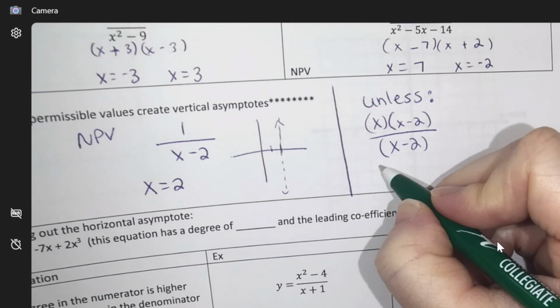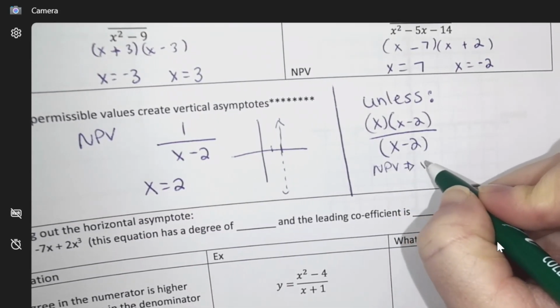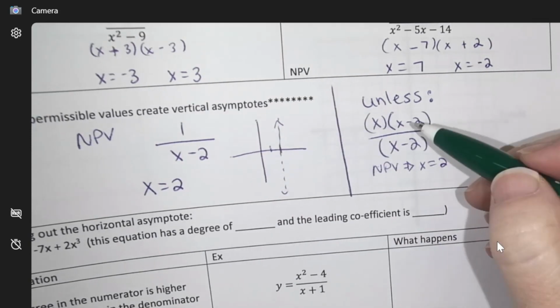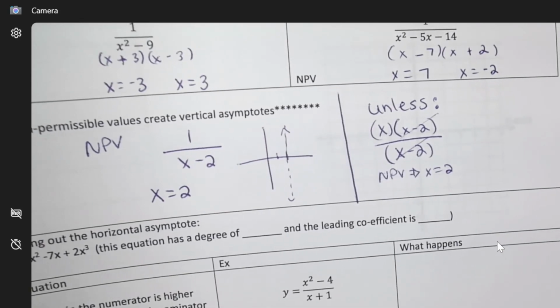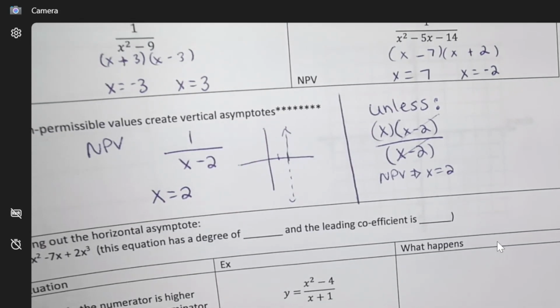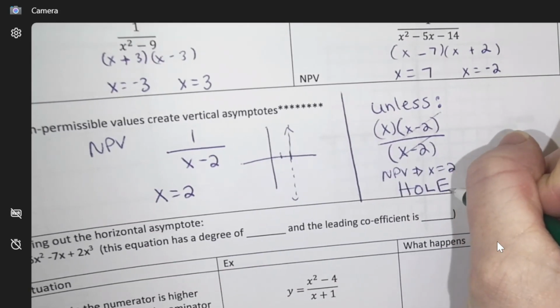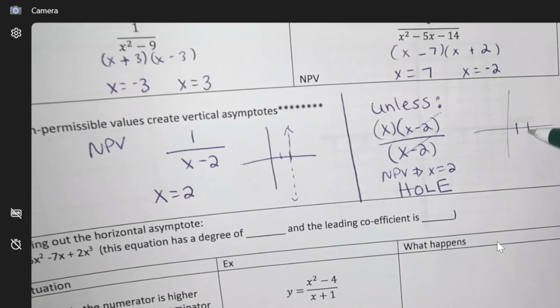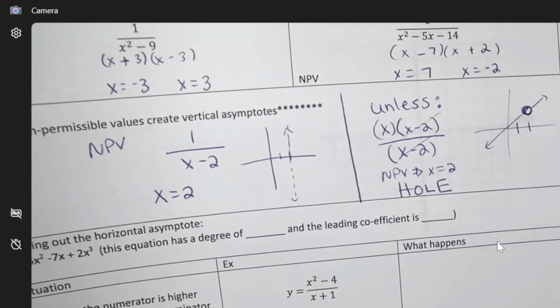Here the non-permissible value is 2, but if there's ever a situation where it gets canceled, it's going to create a hole in the graph instead of an asymptote. So this one happens to be a line, and it will have a hole in it instead. Okay, so we're going to do some more work with that, but that's the rule. Non-permissible values are vertical asymptotes unless there's been a cancellation, and then it'll just create a hole in the graph instead.